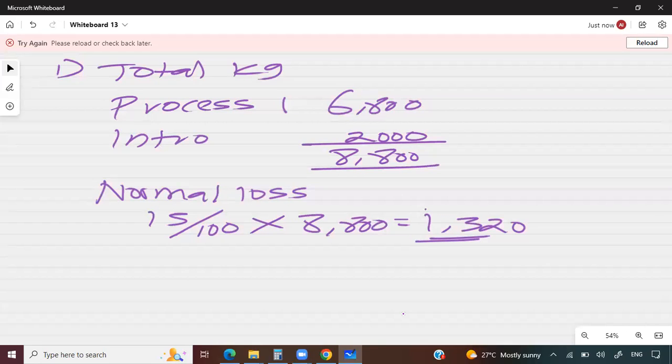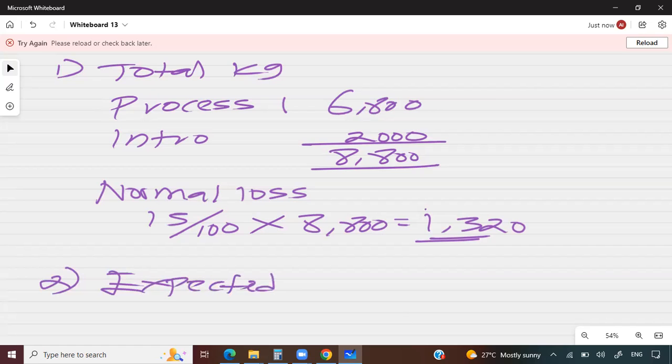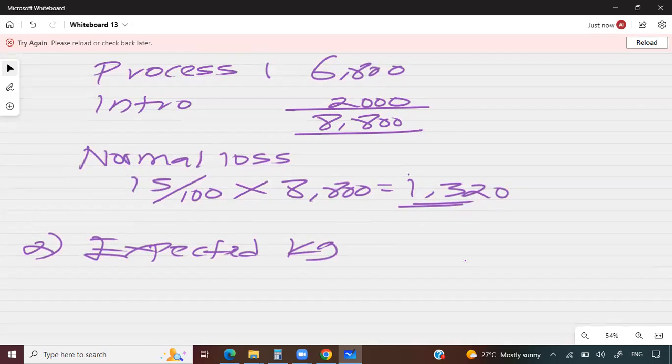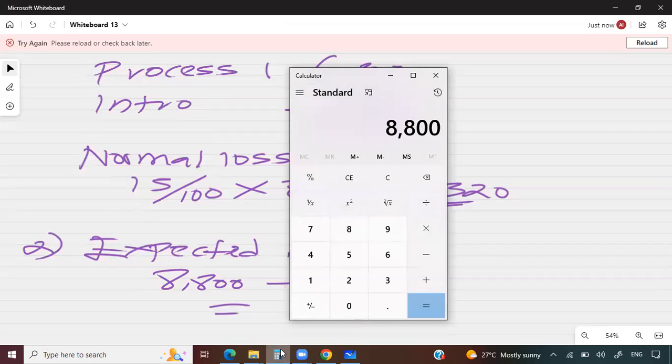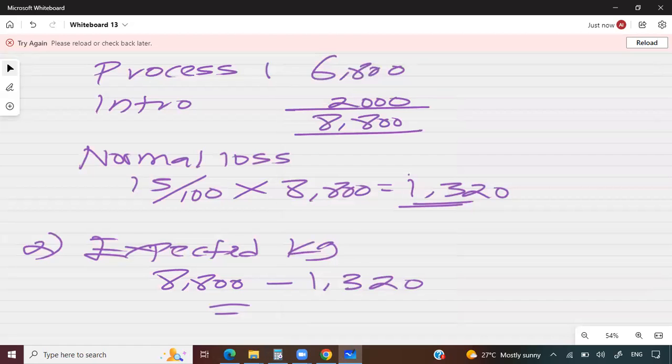Before you can determine that, let's get our expected kg: 8,800 minus the loss we made a provision for, 1,320, gives 7,480. That is what we are expecting.